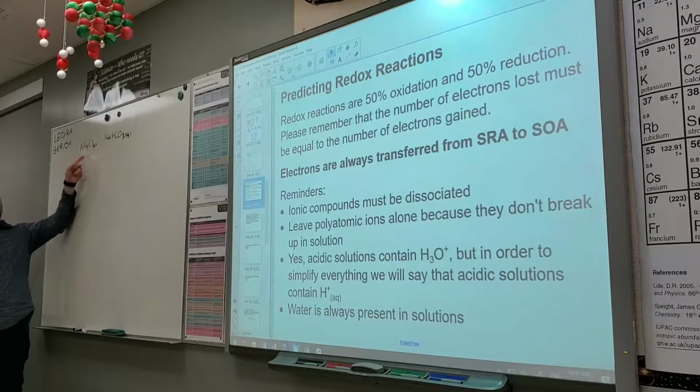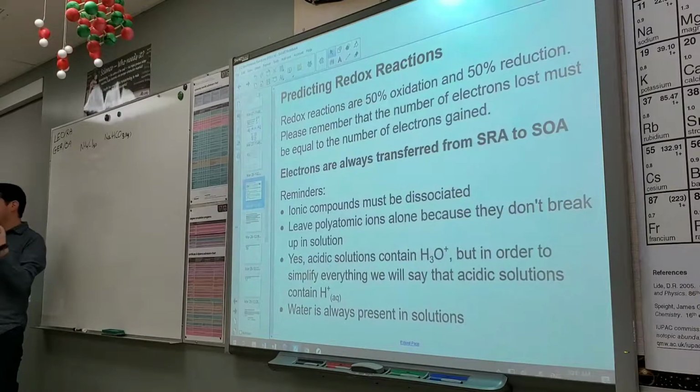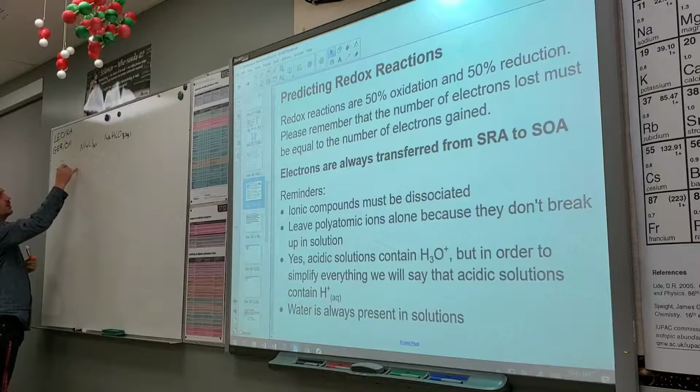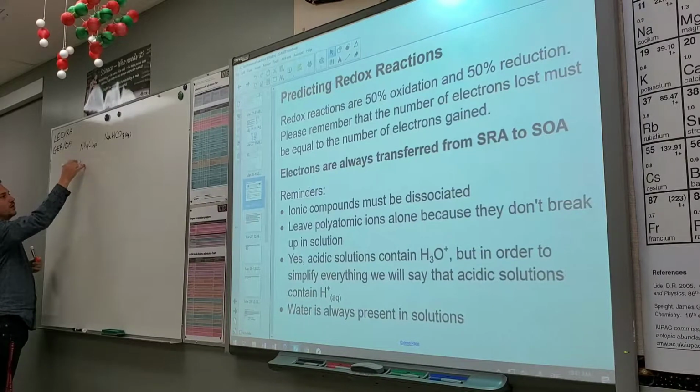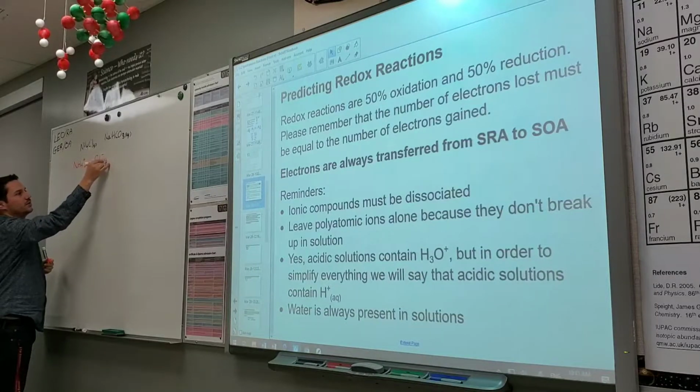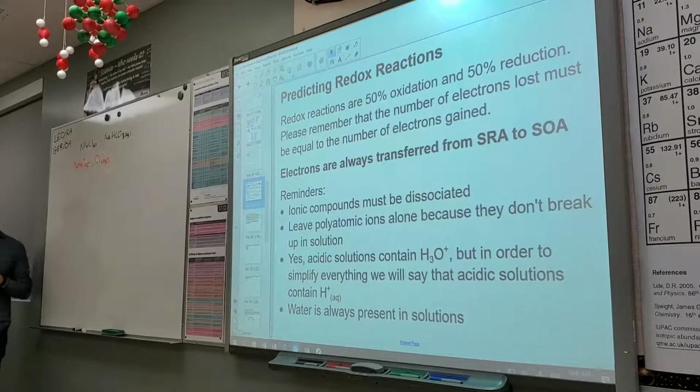Okay, ammonium chloride, is that going to stay together or split apart? It's an ionic compound, and it's got really high solubility, so it will split up. So we're going to have ammonium, and we're going to get chloride. What about sodium hydrogen carbonate? Is it going to stick together or split up?